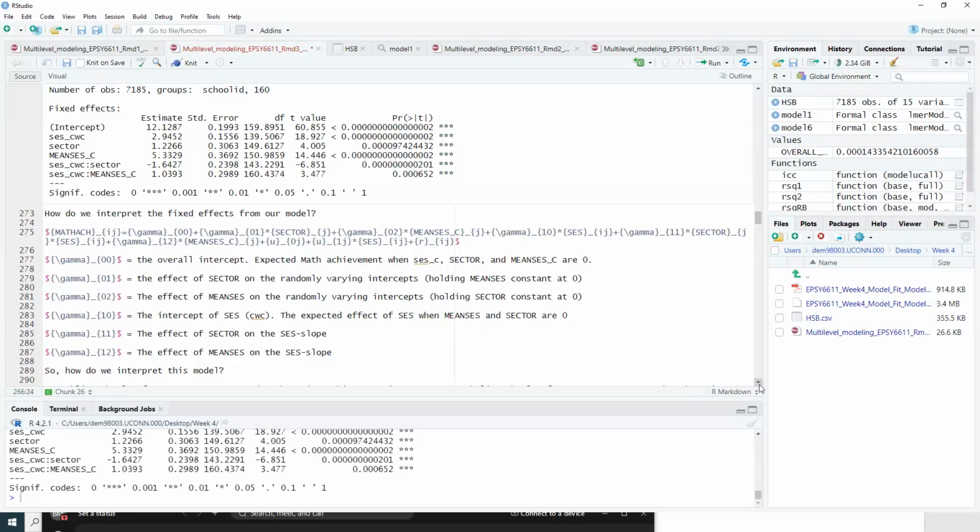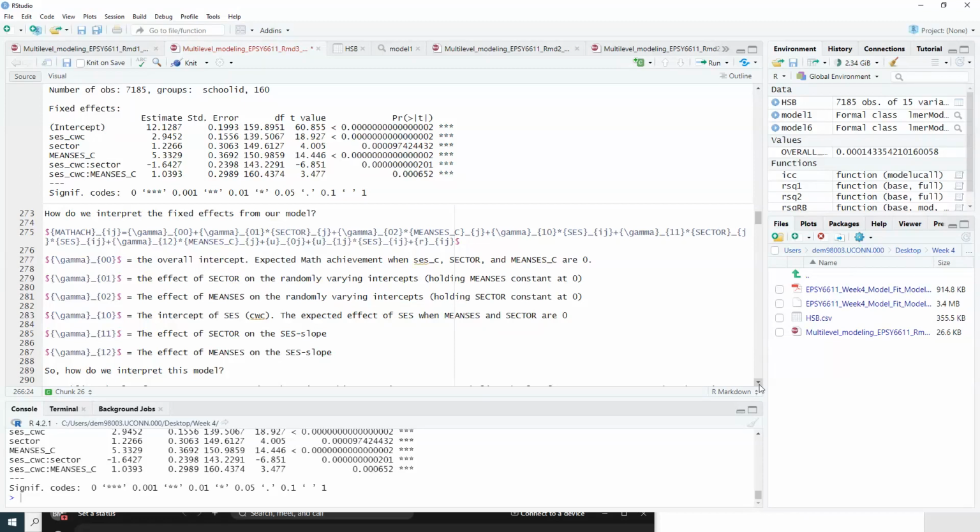Those randomly varying intercepts are really, again, within school SES is 0, right? So it's sort of the effect of mean SES when students are at the mean in their schools, and the effect of sector, again, when students are at the mean in their schools. That's sort of the overall expected.